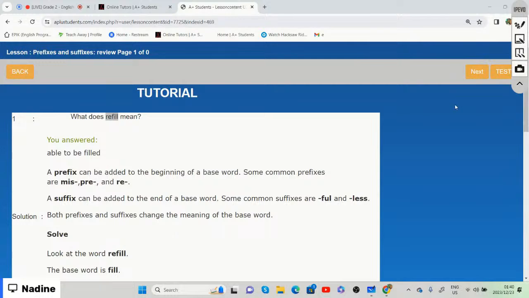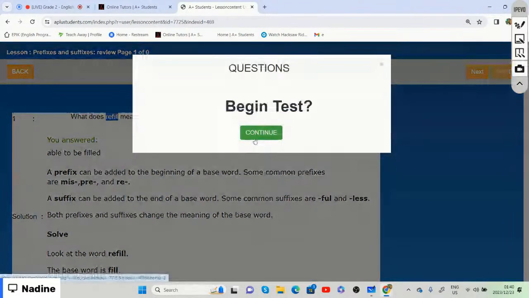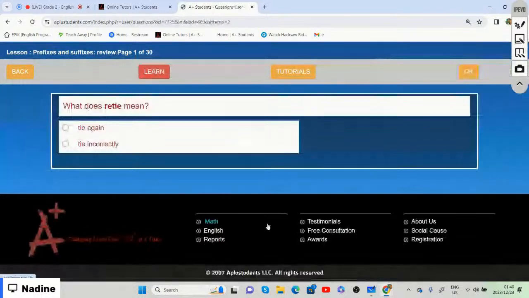All right, so now we're going to our test. And the test is basically a review on prefixes as well as suffixes. Prefixes, which we add at the beginning or in front of the base word, and suffixes we add at the end, or after, sorry, the base word.